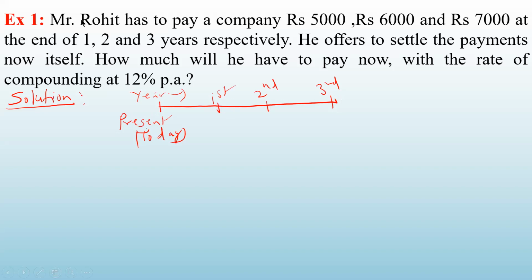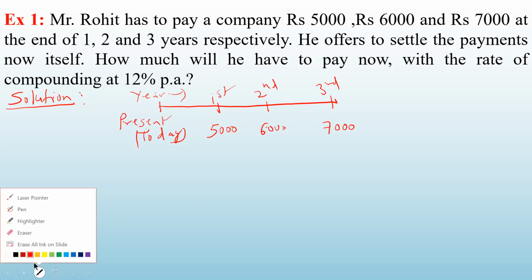Now Mr. Rohit has to pay the company rupees 5,000 at the end of 1 year. So he has to pay 5,000 rupees here, and 6,000 rupees at the end of the second year, and 7,000 at the end of the third year. This is the situation.